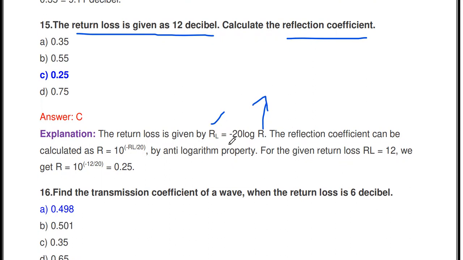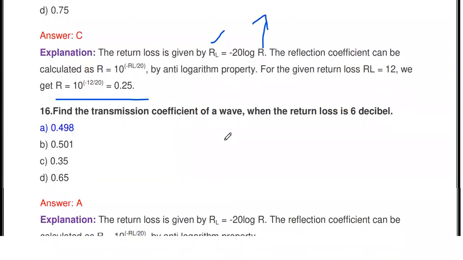Move the minus 20 to this side. So RL divided by minus 20 equal to log of R. Okay, so you take the anti-logarithm on both sides. So we get R equal to 10 to the power of minus 12 divided by 20. If we calculate, we will get the answer 0.25. Okay, so the reflection coefficient is 0.25 if the return loss is 12 dB.